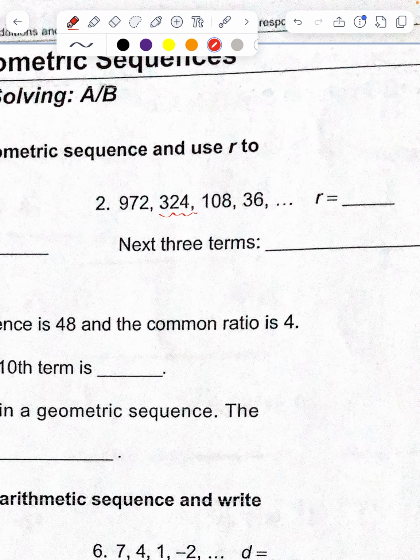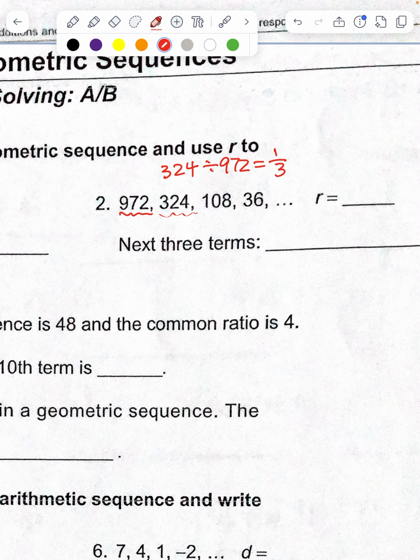I'm going to use 324, and divide by the number in front of it, the number before it, 972. I'm going to use my calculator. So 324 divided by 972. Oh, this is 1/3.